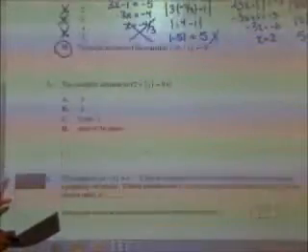Okay, question number 5. The complete solution to 12 minus the absolute value of x equals 9. So how could you do this one? Can you move the absolute value over to the other side, make it positive, and then move the 9 over, and just rearrange it that way?